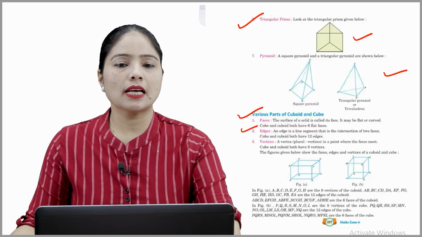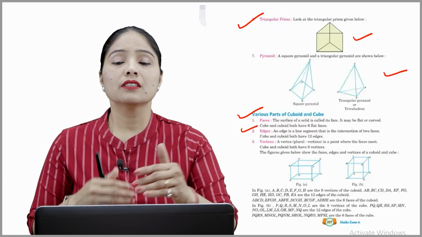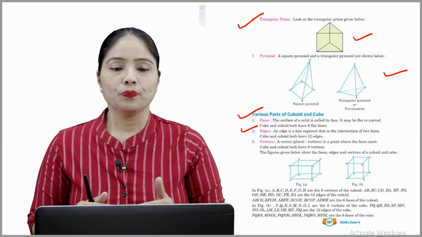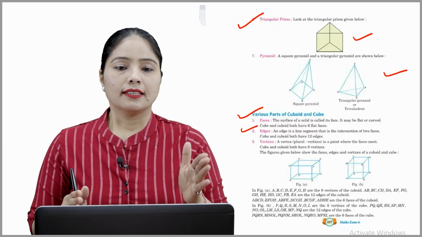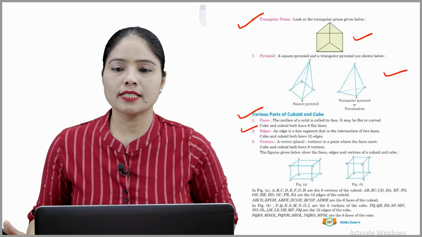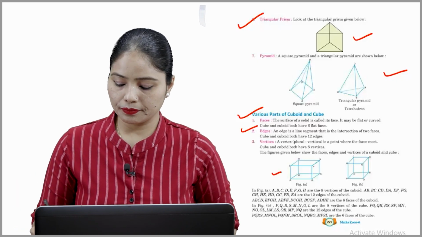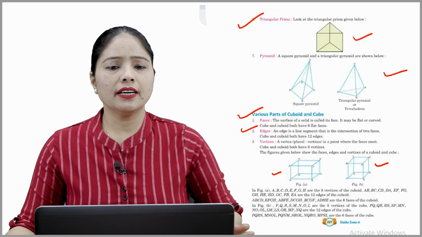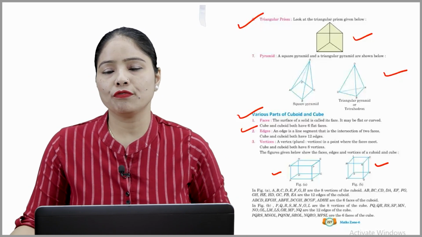Now vertices. A vertex, plural vertices, is a point where the edges meet. Cube and cuboid both have 8 vertices. The figure given below shows the faces, edges and vertices of a cuboid and cube. In figure A, B, C, D, E, F, G, H are the 8 vertices of the cuboid.